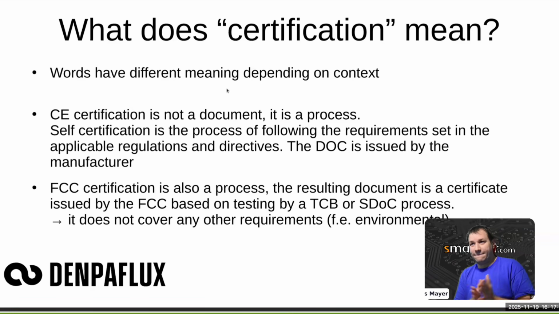So, in one sentence, self-certification means you, the manufacturer, are the party responsible for assessing the product, and you decide by reading the laws, basically, and following the laws, which process applies to your product. Then you follow that process, and this process will make sure that it fulfills all the requirements set in the law.